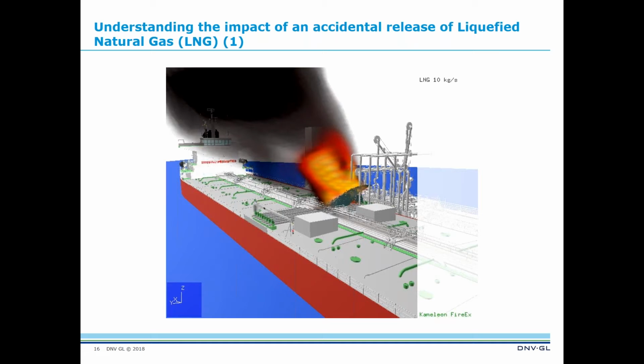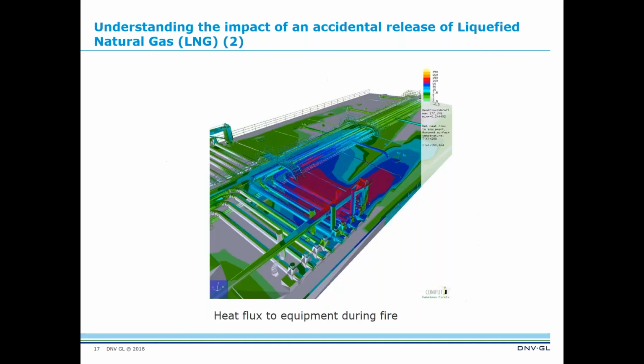So here the release is specified, and then some ignition points are specified, so that when the burnable mixture of air and gas reaches that ignition point, then it is ignited, and everything that goes on before and after that is handled by the CFD model. Okay. And then one result one could take out again is typically the heat flux during the fire to the process equipment on that tanker deck.